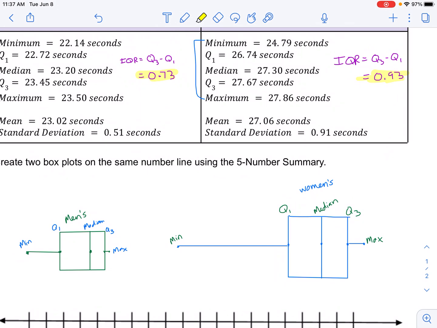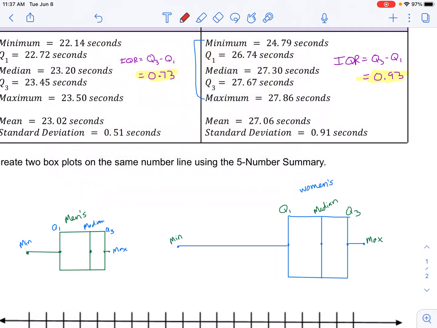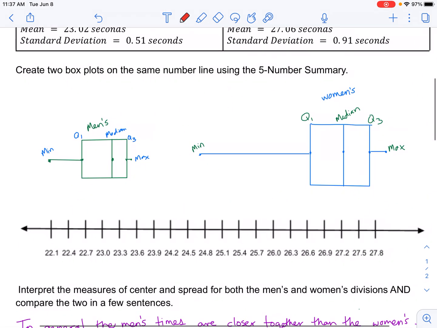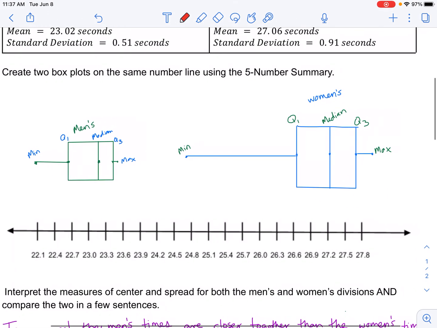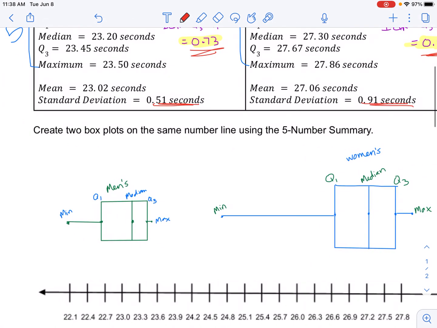But here's the big thing, looking at the spread. If we look at either the range, how far it is, or the interquartile range, I know it's kind of hard to tell, but if you look at these numbers here, the women's team's times are more spread out. The standard deviation, you'll notice, for the men's, most of the data is going to be within 0.51 seconds of the mean.